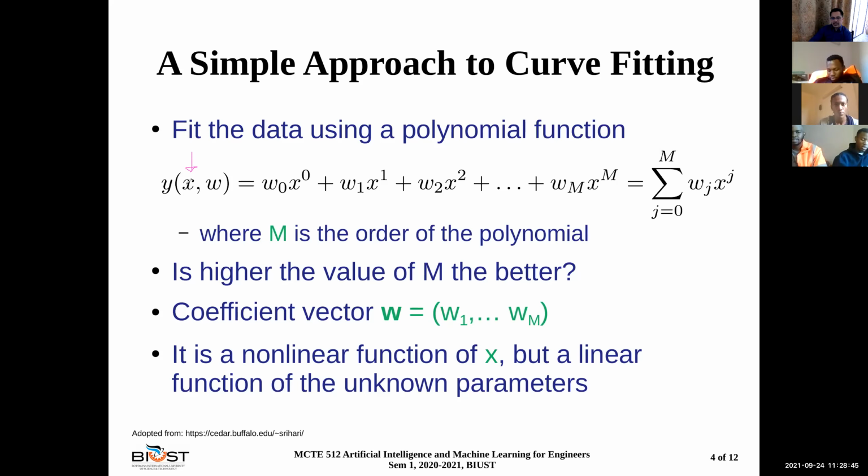Okay, we have the same input x, but aside from the input x, we also need an input of w. Okay, the w are what we call weights, or in some cases we call them coefficients. So in machine learning, normally we use the term weights.